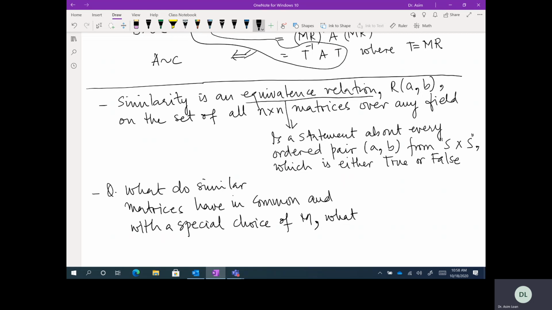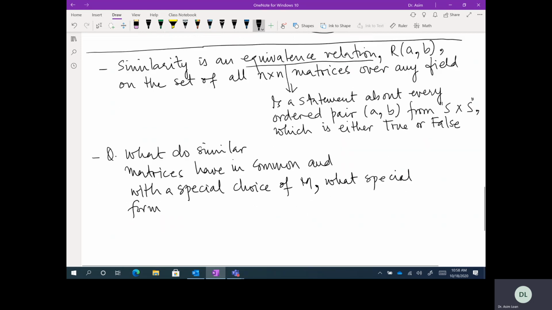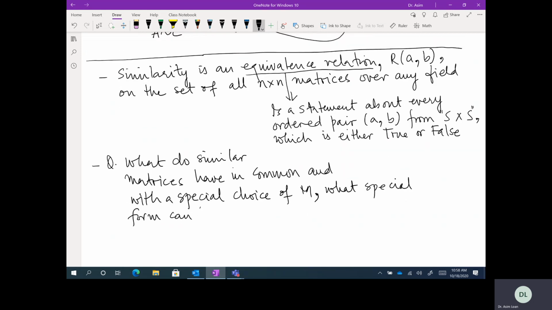So either the matrix is similar to a diagonal form or it's similar to a Jordan form. So what special form can be achieved by M inverse AM?